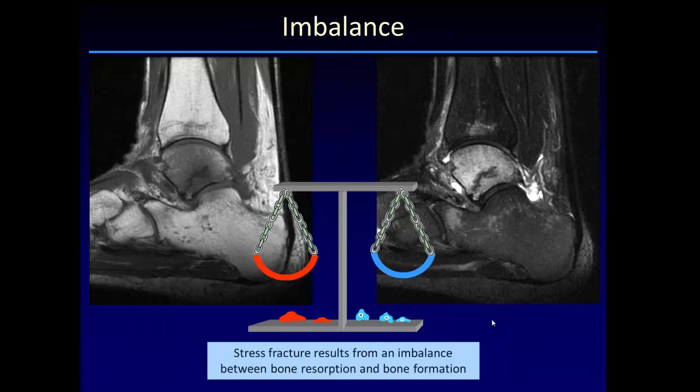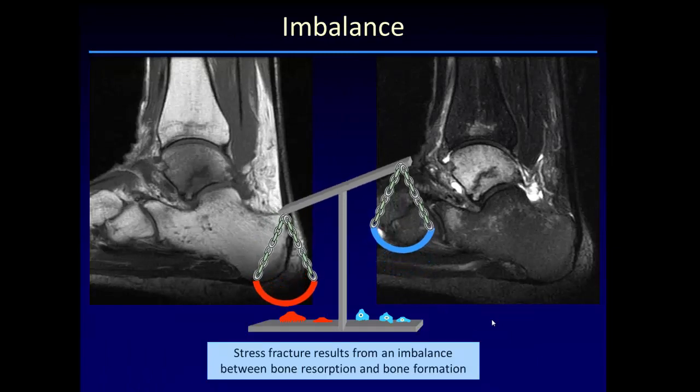The essence of a stress fracture is that there is some imbalance between the bone resorption and bone formation. In this patient, who is an avid runner, we can see a fracture developing within the talus with a clear line, and then other areas of patchy edema, probably microdamage in these areas resulting in some edema, but no frank fracture line is visible in these particular regions.